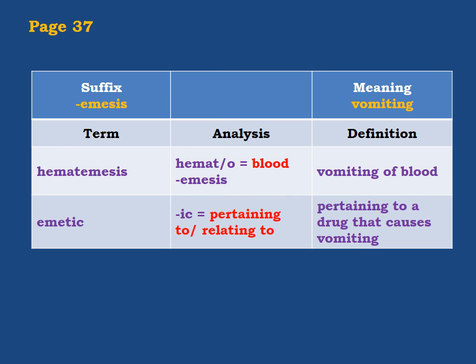So when we give the meaning, we start with this meaning, which is pertaining to. So here the meaning is pertaining to a drug that causes vomiting. So if a person needs to vomit, there is something bad in the stomach and the doctor wants him to vomit what is inside, they give him a certain drug, and then that drug causes the patient to vomit. Now let's see the pronunciation.